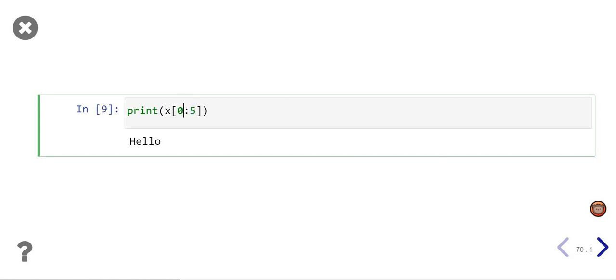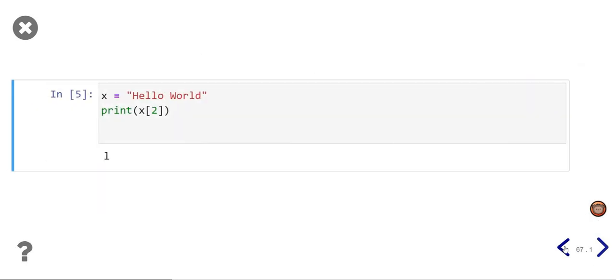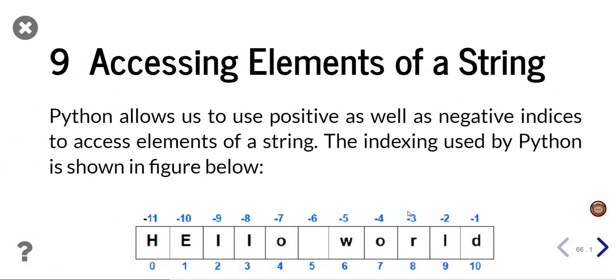So if you want to use negative index, how do you write it? Negative 11 to negative 6. Wait, let me see where's the diagram. So this is negative indexing. Just now we used from 0 to 5 and displayed the letters hello, right? When we put starting from 0 until 5, the second one is the ending point and is exclusive, so it's 1 point before.